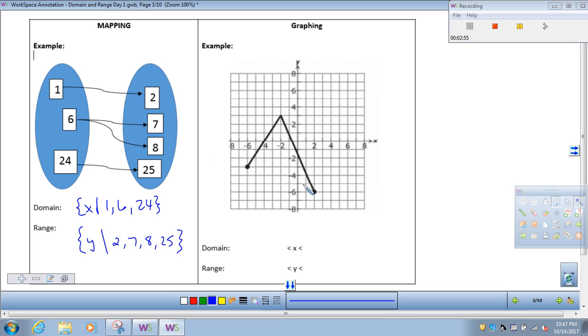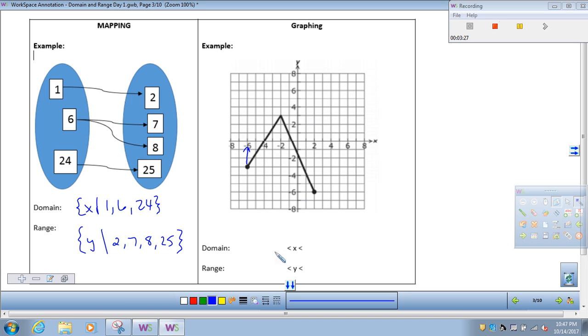Well, this is continuous. Whenever you have a continuous line, we have to write our domain and range with compound inequalities. We'll start off with domain, our x, and we'll put a less than symbol on either side. With domain, we're talking about how far to the left it goes, and we're looking at the x-axis.